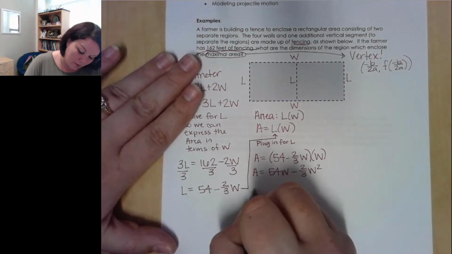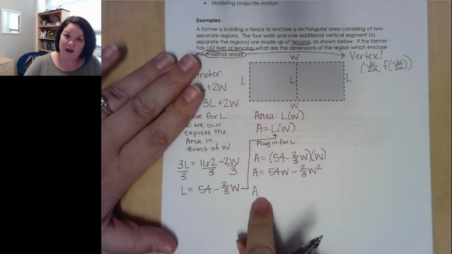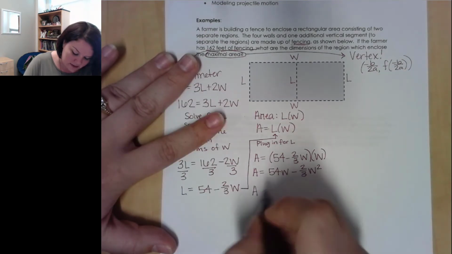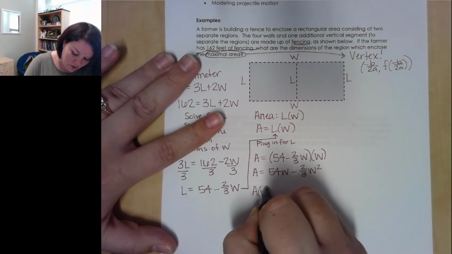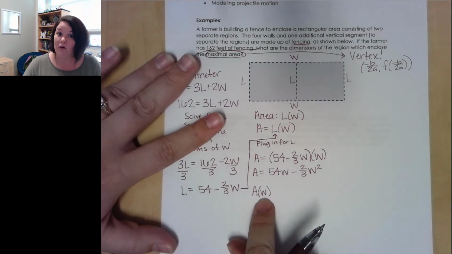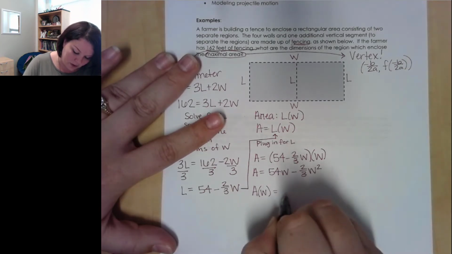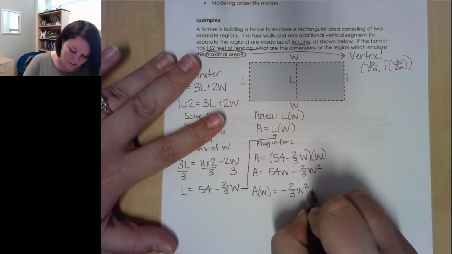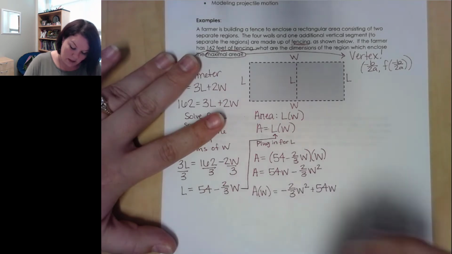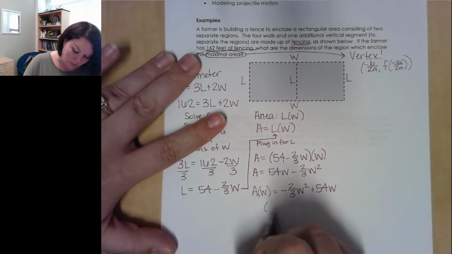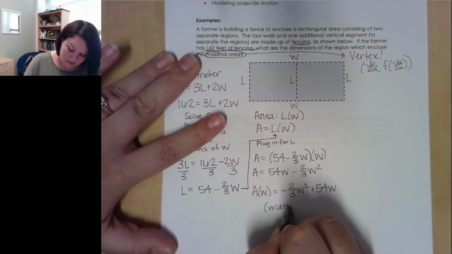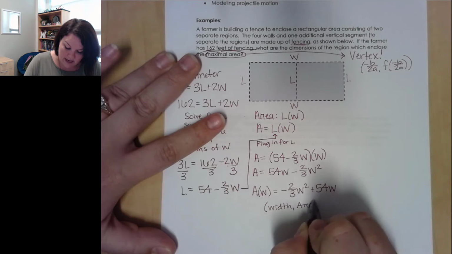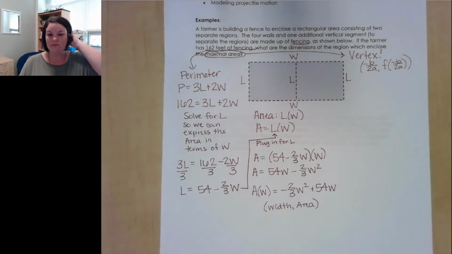Okay, so really what we have is a function of area, and I'm going to go ahead and write it as a function. So my area function evaluates at W, right, or a width, and we would plug it into negative 2/3 W squared plus 54W. So in this function, we're plugging in width and we're getting out area, okay?